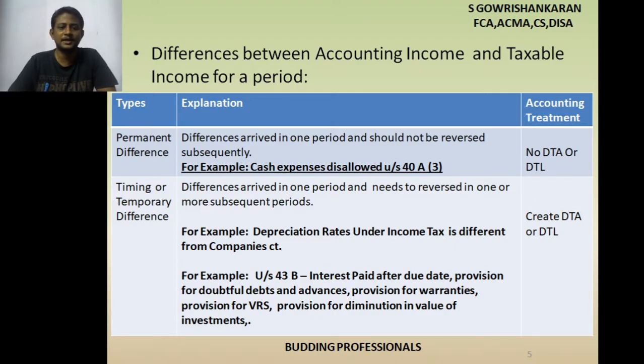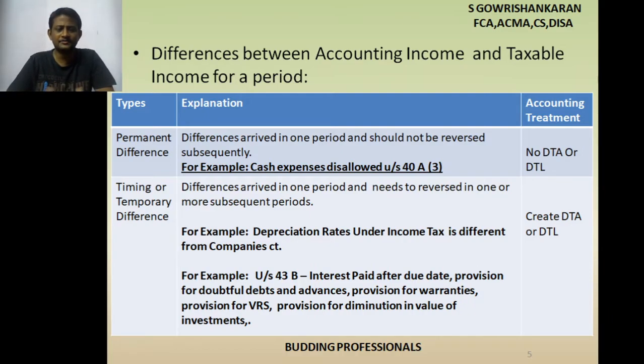You got it or not, what I am saying? That is permanent difference. Permanent difference means under the Income Tax Act, this expense is not at all allowed, because provisions, rules and regulations are not followed. So why is this permanent difference discussed here?